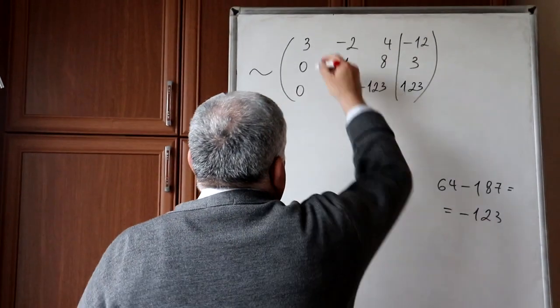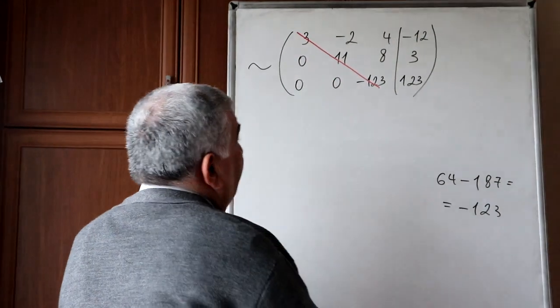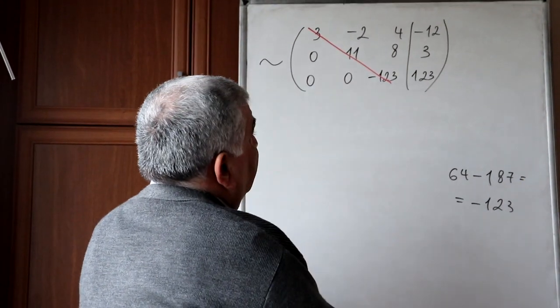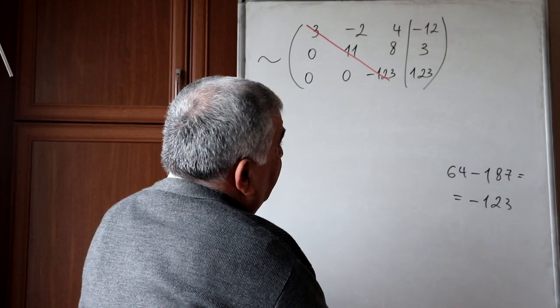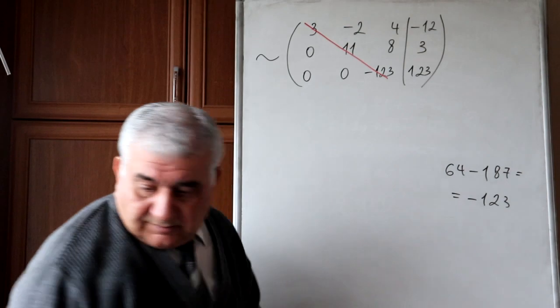Already we have the triangular form of the given matrix, and then we can return to the corresponding linear system.